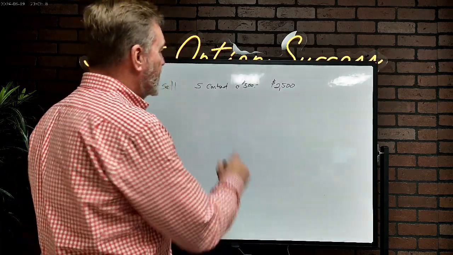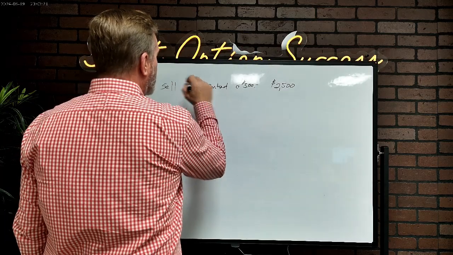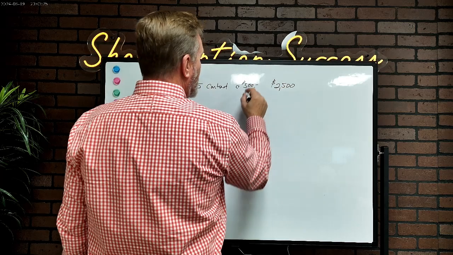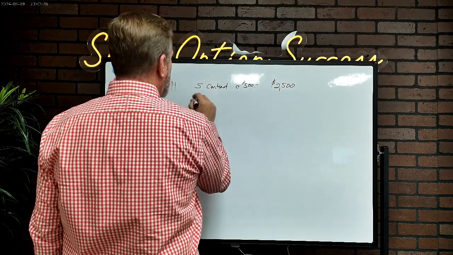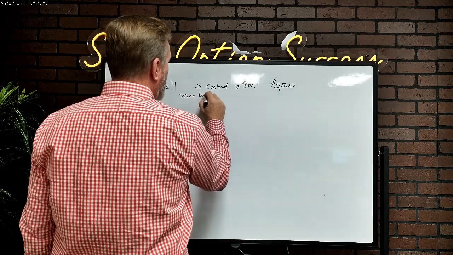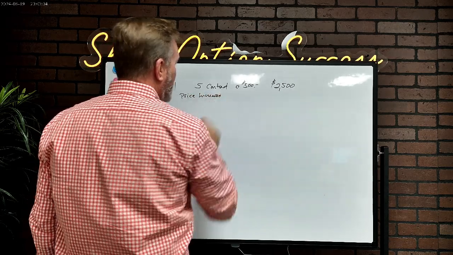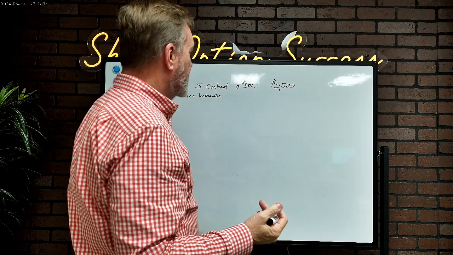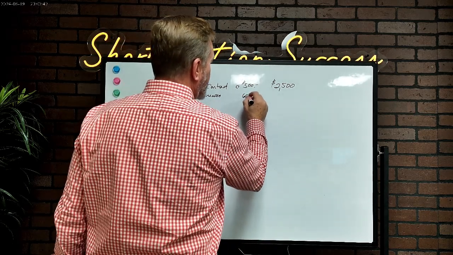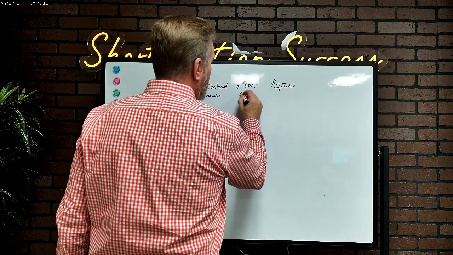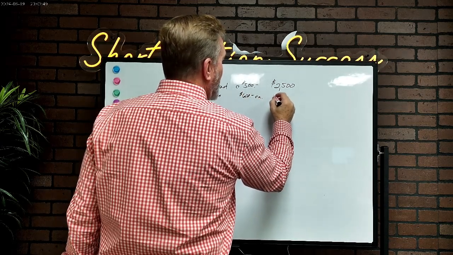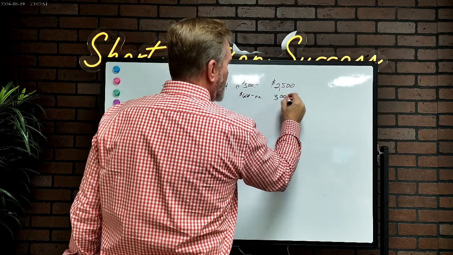And then all of a sudden, the value of our contracts that we've sold, instead of being worth $500 a piece, goes up by about 20%. 20% of 500 means they're now worth $600 each, and they now have a value of $3,000.